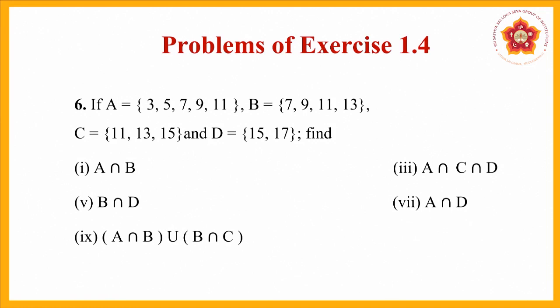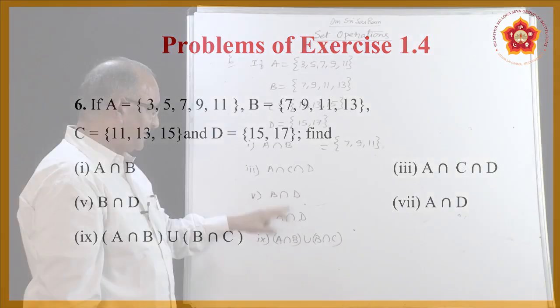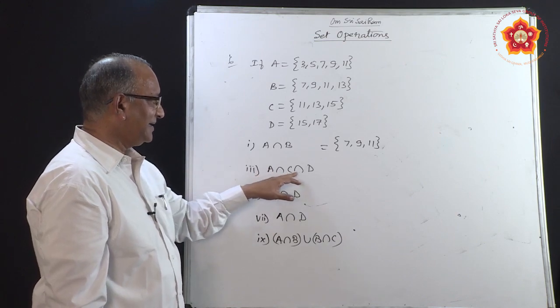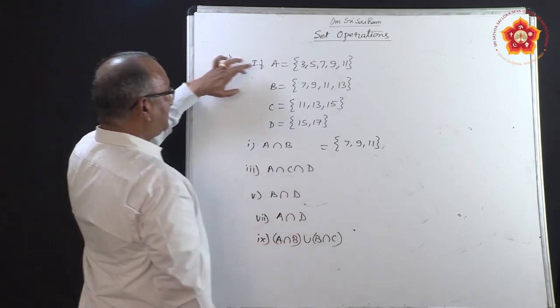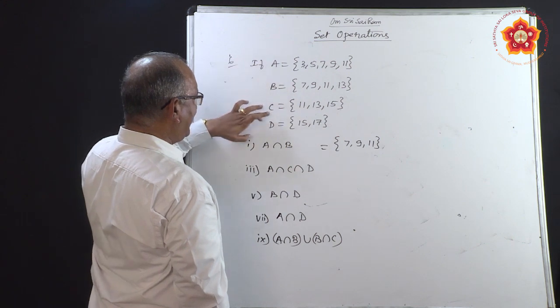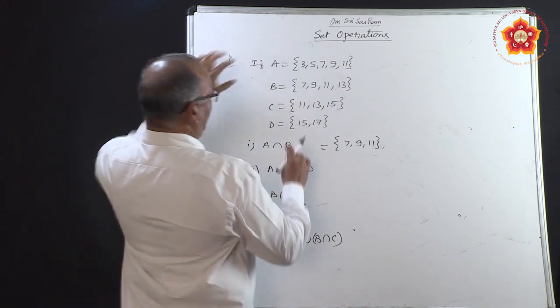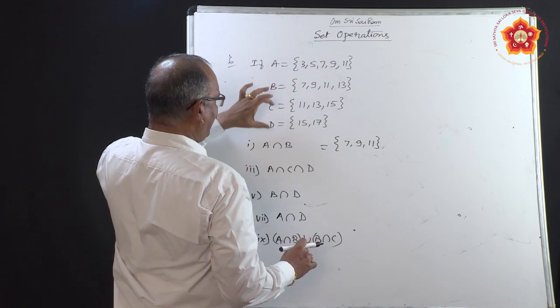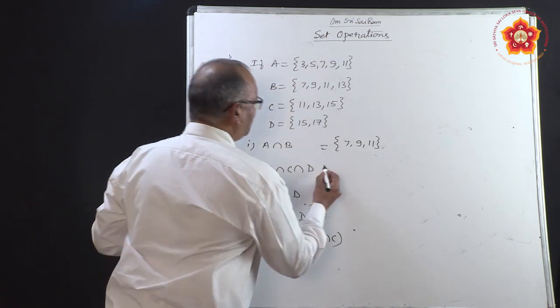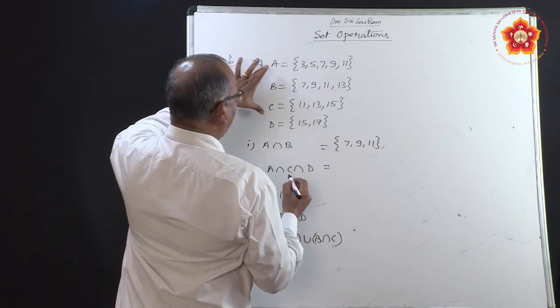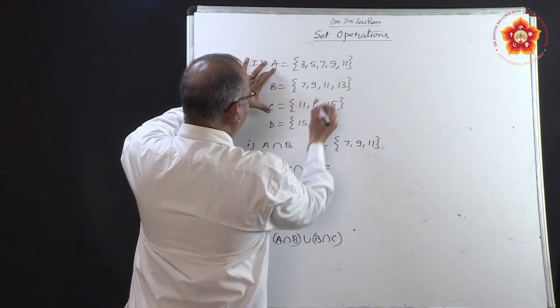Next, we have A intersection C intersection D. Elements which are common between A, C and D. The easier way is to first find what is common between A and C. What are the elements common between A and C?